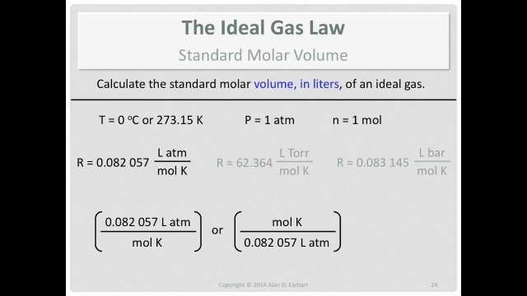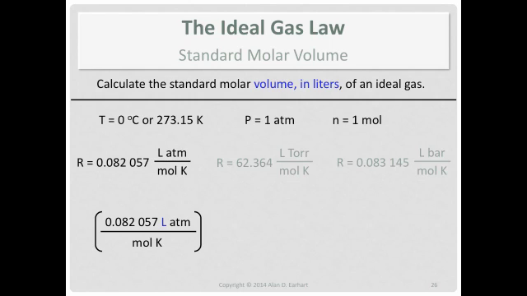And we want the volume in liters. We want liters. So look down below. When we're done, what do we want? Do we want liters in the numerator or liters in the denominator? When we're done, we want liters, not reciprocal liter units.